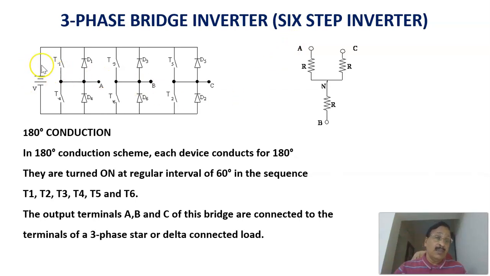So this is basically converting a DC quantity into a 3-phase quantity using 3 legs, and in each leg there are 2 switches, each conducting for 180 degrees.